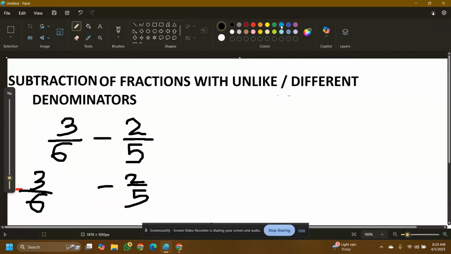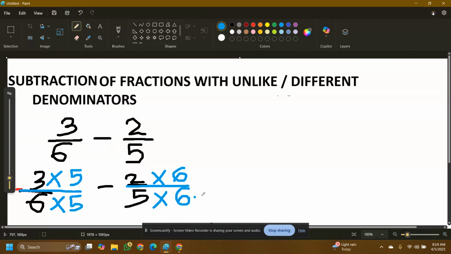First I'm going to write that. I'm going to take a different color so that it will be easier for you to understand where I changed this sum. I'm going to times the left side fraction with a 5. I am going to times the right side fraction with a 6. So 5 over 5 is equal to 1, and 3 over 6 remains unchanged.